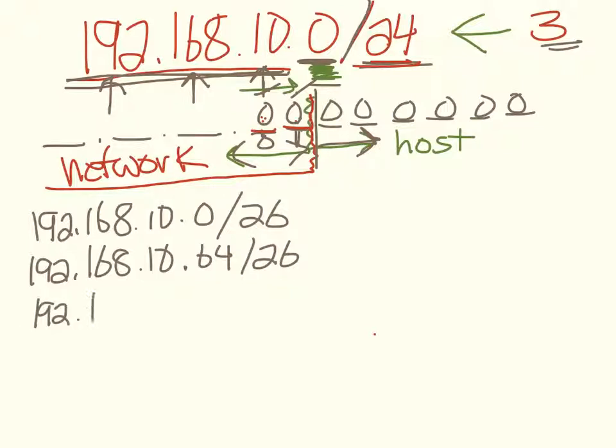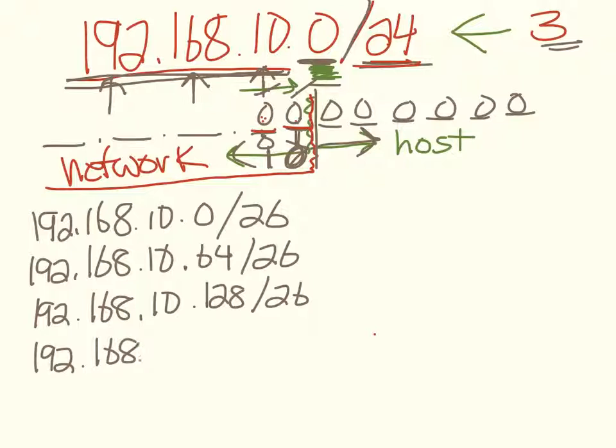The next one would be a 1 here and a 0 here, so 192.168.10.128 is my next network. Then 192.168.10 dot, what do I have left?